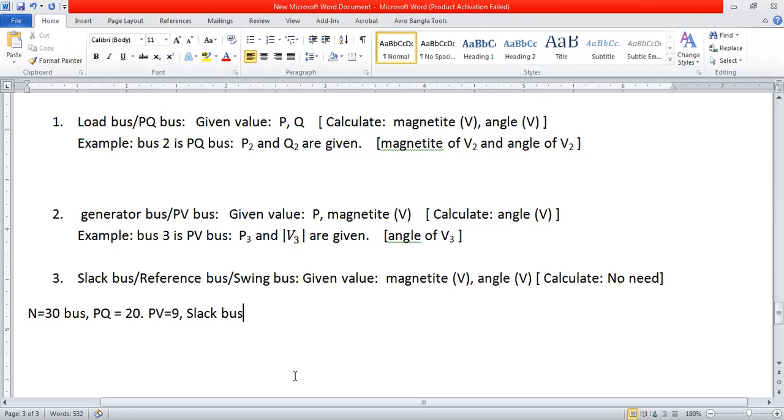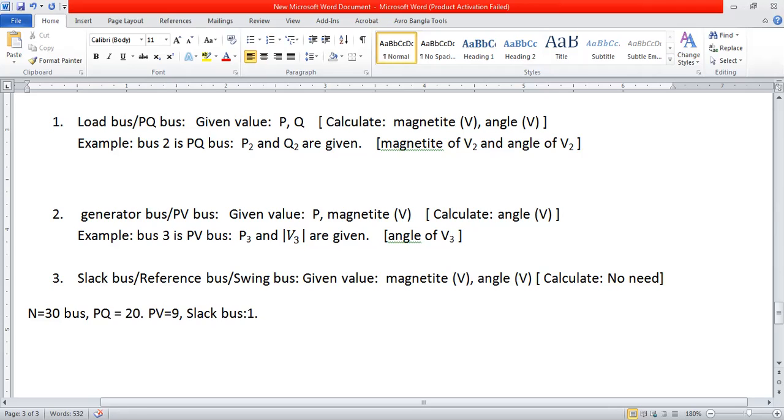So the number of slack bus should be 1. For a particular power system with 30 buses, the load buses may be 20, the generator buses may be 9, and the slack bus is 1.